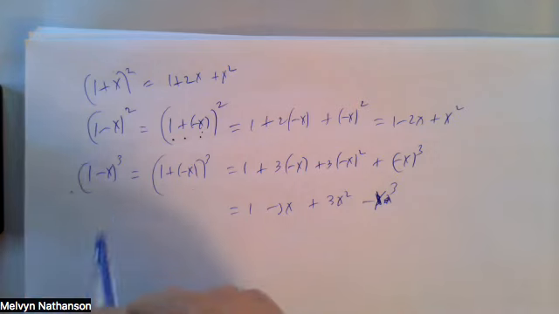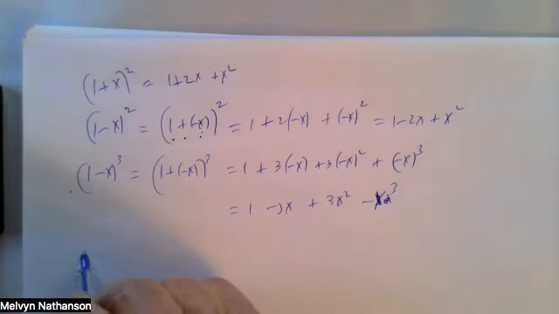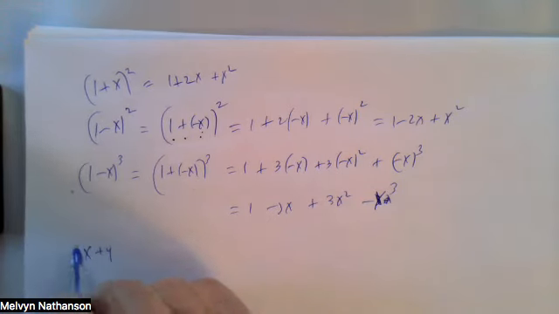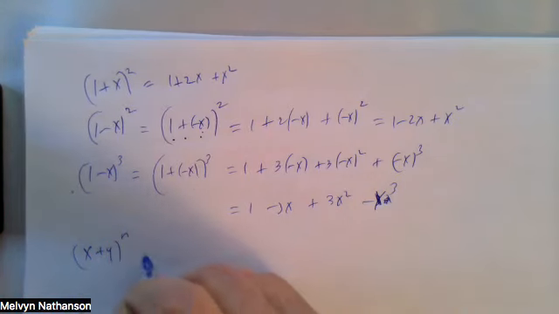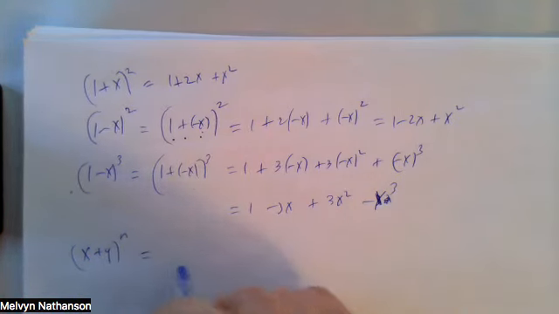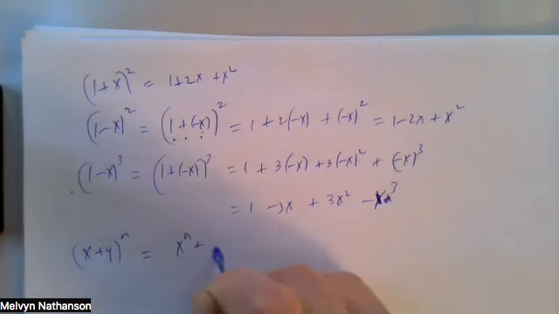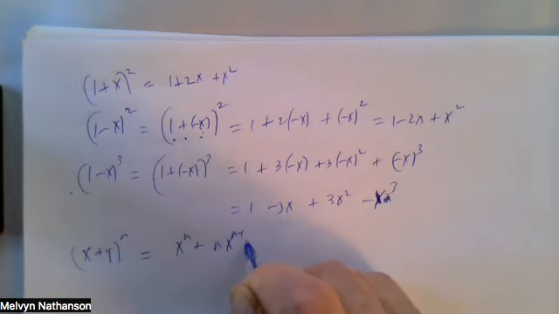And in fact, you could also say if you have x plus y, any quantities, whatever they are, raised to the power n, this is going to be, see, what are the binomial coefficients? You're going to get x to the n plus n x to the n minus 1 y.